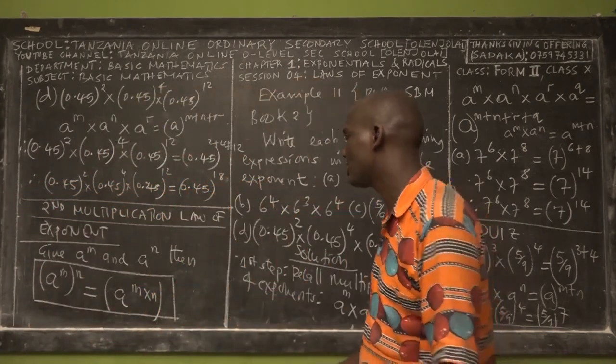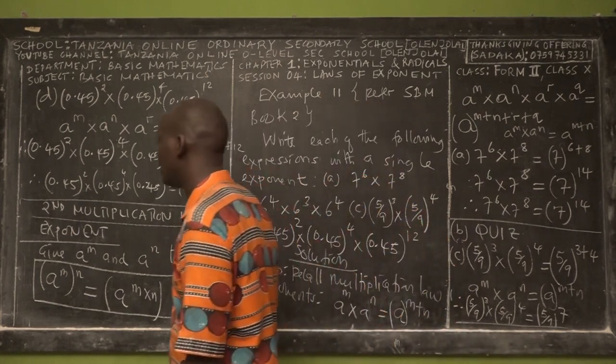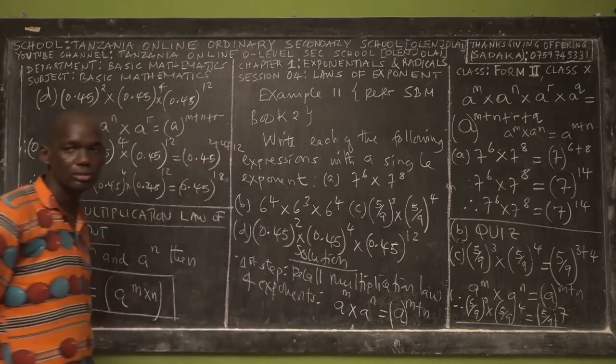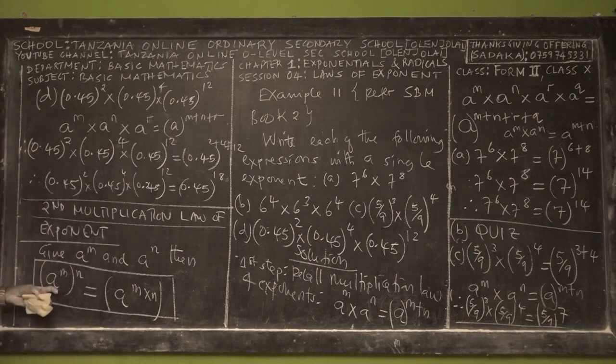I think that is not clear, so listen carefully. Remember, a is any base, it can be any number, a decimal number, any fraction, or any whole number, as we have seen in the previous example. It is raised to a certain exponent, m. But again, the whole response we raise to another exponent, n, which is outside of the bracket.